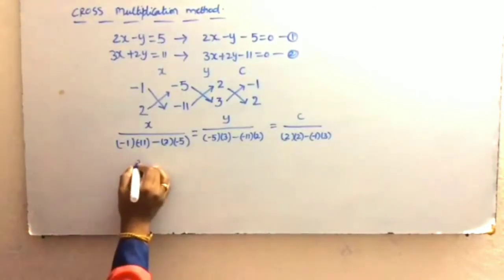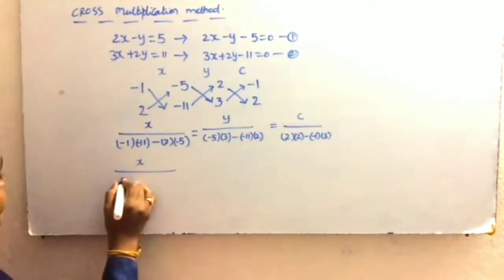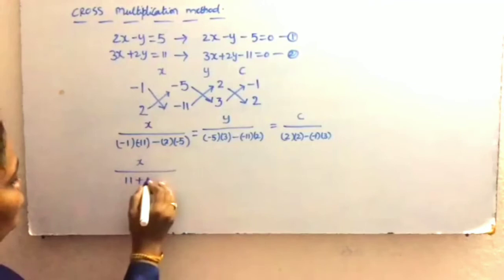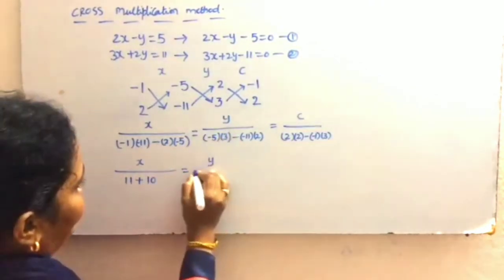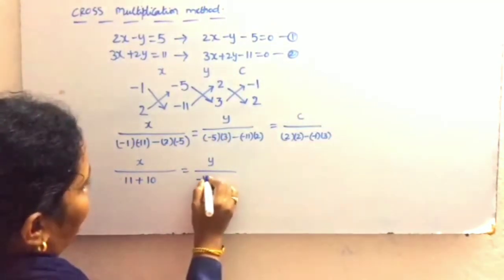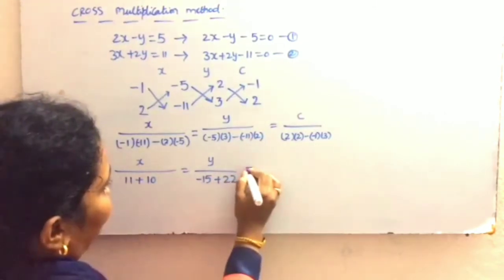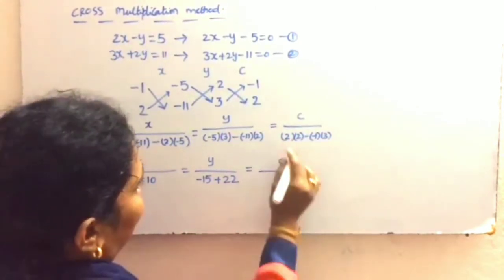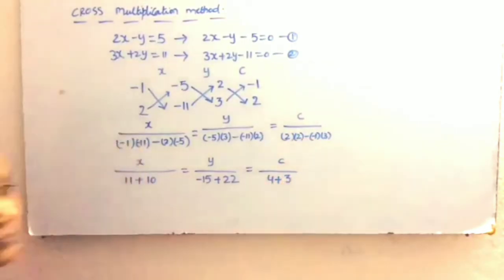That means x by minus 1 into minus 11, that is 11, minus into minus plus, 2 fives are 10. And that equals y by minus 5 into 3, minus 15, minus into minus plus, 11 twos are 22. That equals c by 2 twos are 4, minus into minus plus, 3 ones are 3.